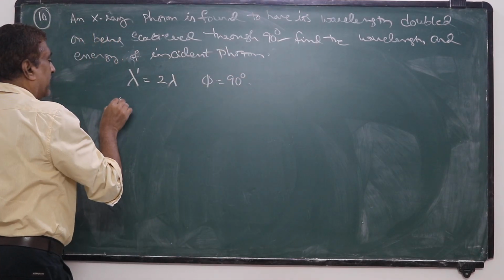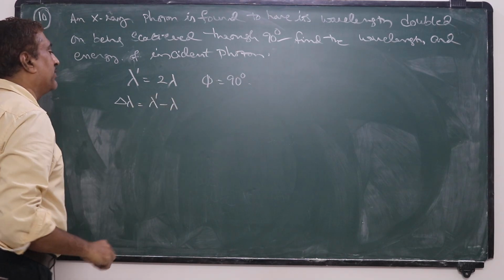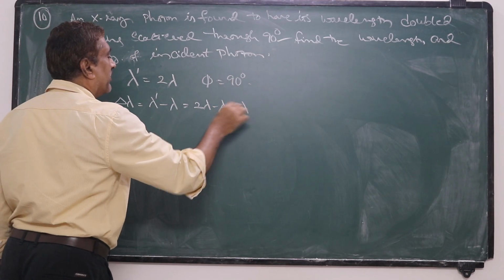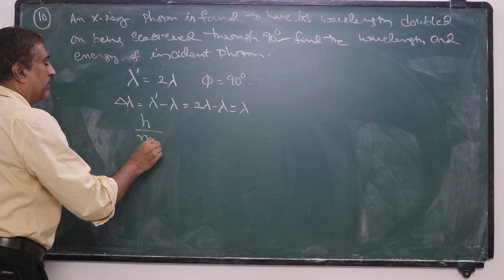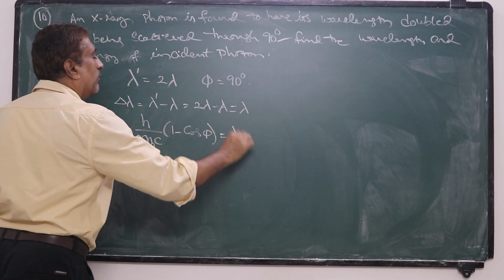Now delta lambda is equal to lambda dash minus lambda, that is 2 lambda minus lambda, that equals lambda. But delta lambda is h by m naught c into (1 minus cos phi), that equals lambda.